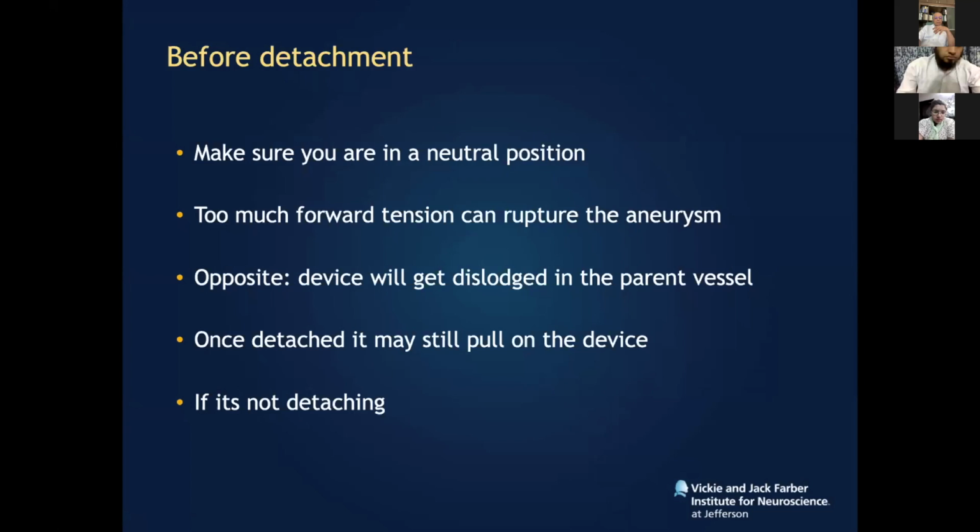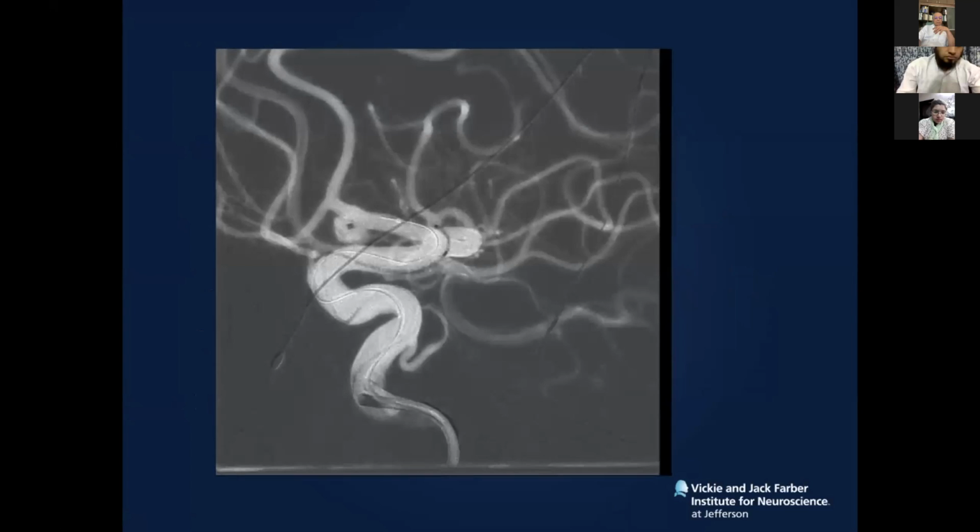So you can advance your microcatheter on top of it and resheath the pusher. And if it's not detaching, sometimes you can get a 9-volt battery and put it on it and it will detach.